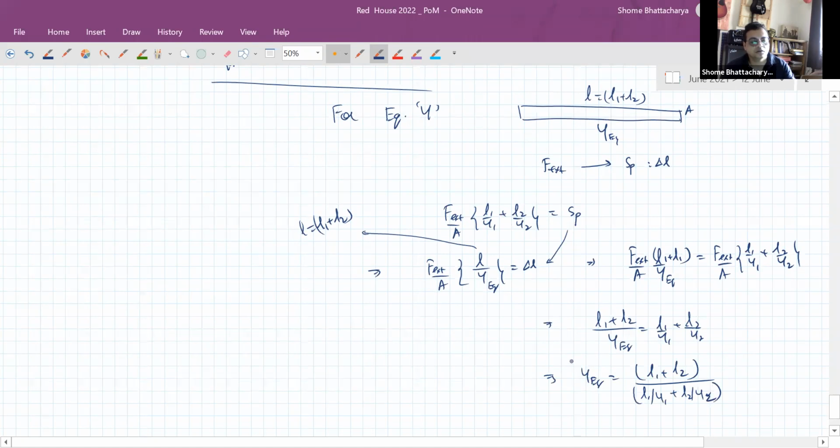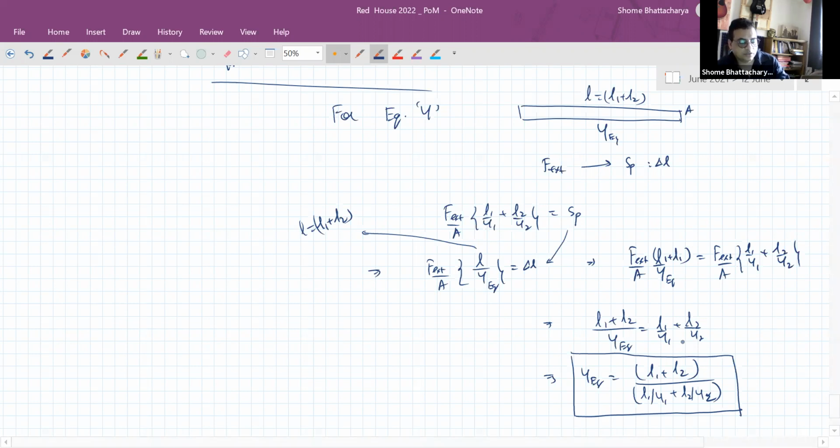Okay. So for example, if there were two materials having the same length L1 and L2, then the equivalent Young's modulus would have been 2 Y1 Y2 divided by Y1 plus Y2. But here, if they are having different lengths, then L1 and L2 are also coming into the picture.